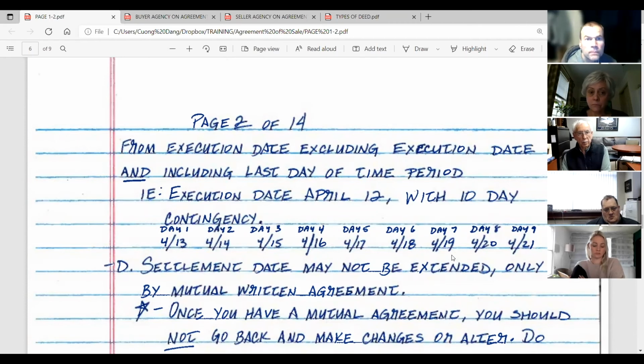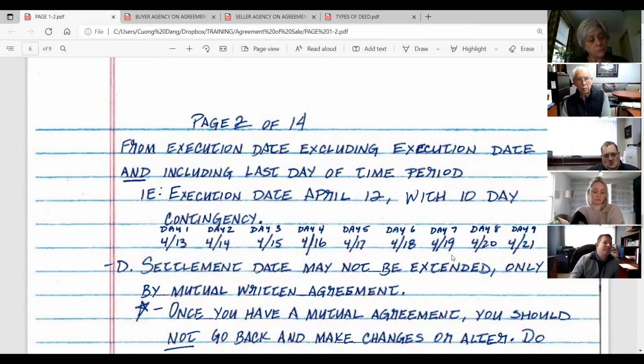It says execution date is April 12th with a 10-day contingency. So April 12th, it was executed. So day 1 starts on the 13th. Day 2 is the 14th, and all the way up to day 10, which is included, of April 22nd. Okay. That's what that's talking about.